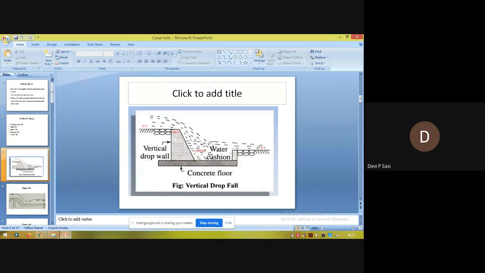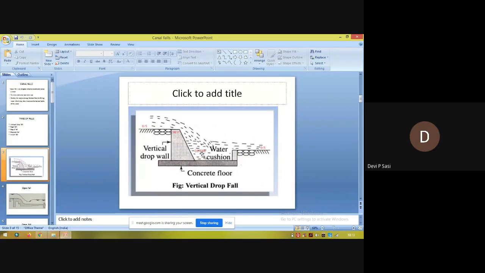The function of the cistern is to destroy the excess energy of the water which is leaving the crust segment.